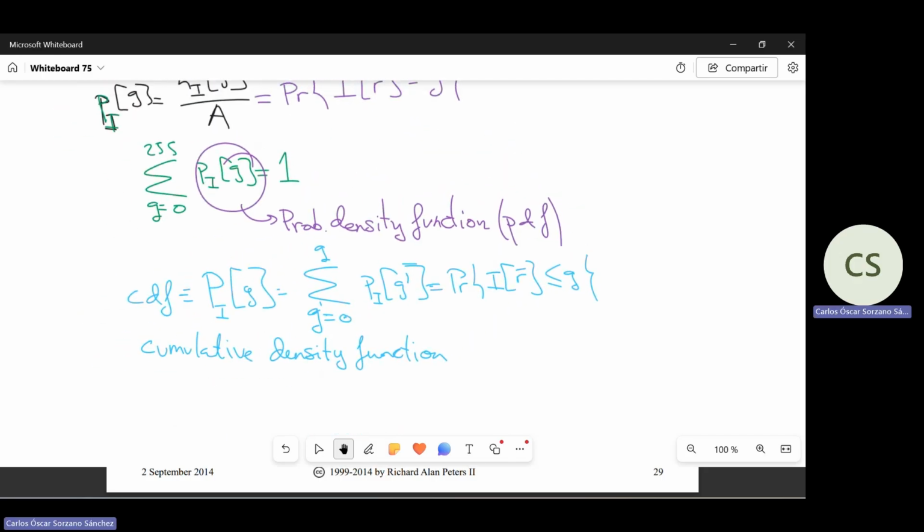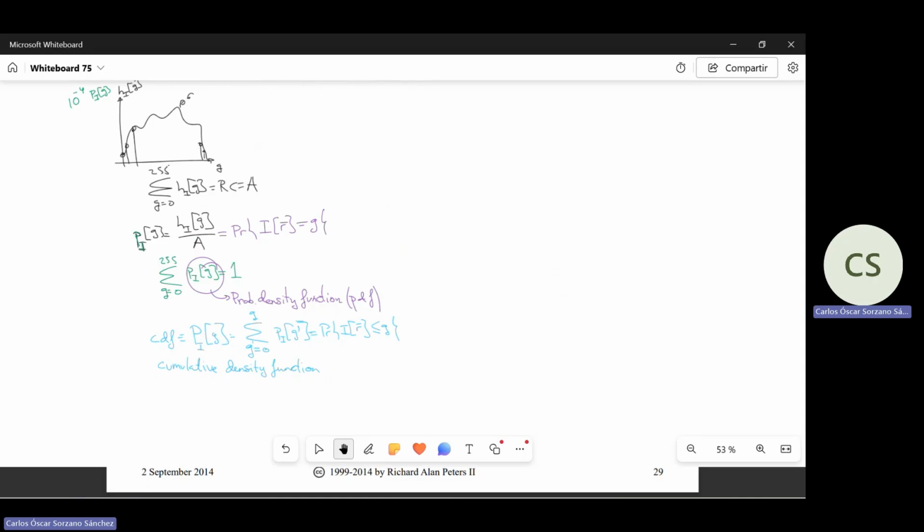And then something more about this. Let's say that you're given p_I, the PDF, you know how to compute the CDF. What about the opposite? If you are given the CDF, how can you compute the PDF? You can do it this way.